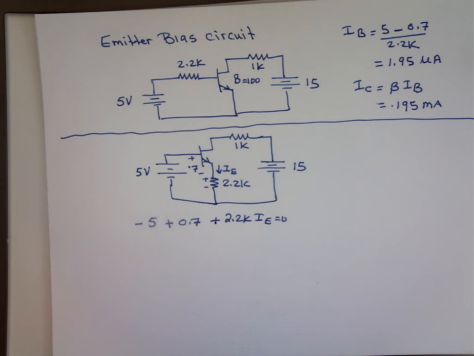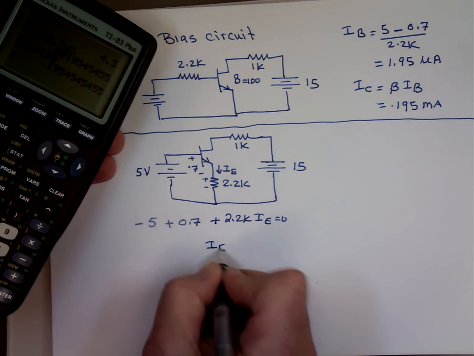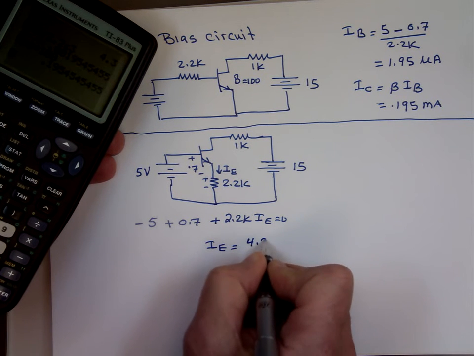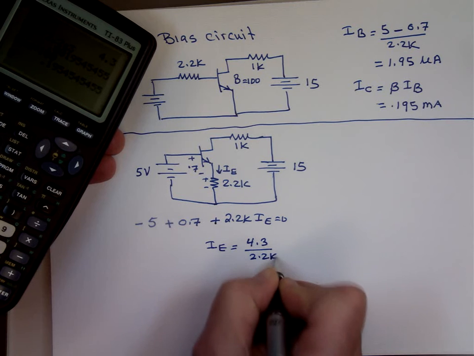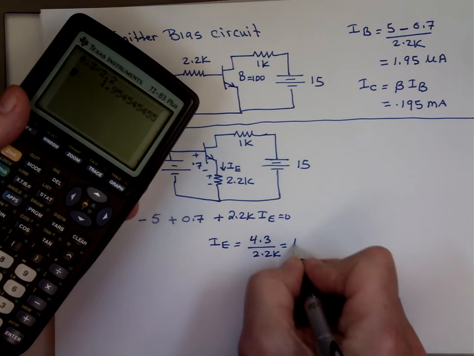Can I get I sub E now? What's I sub E going to equal? It's going to equal 4.3 divided by 2.2K, which is 1.95 milliamp.